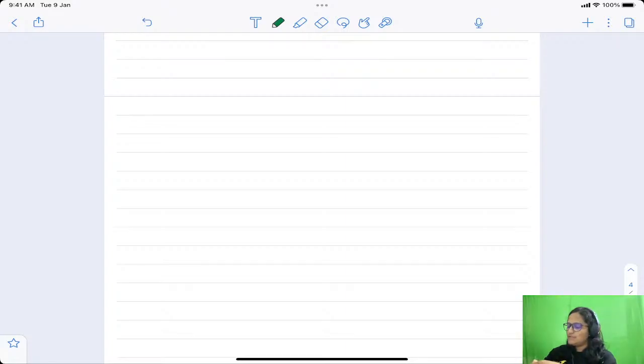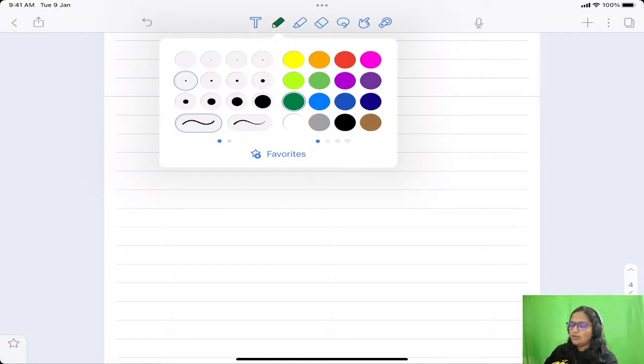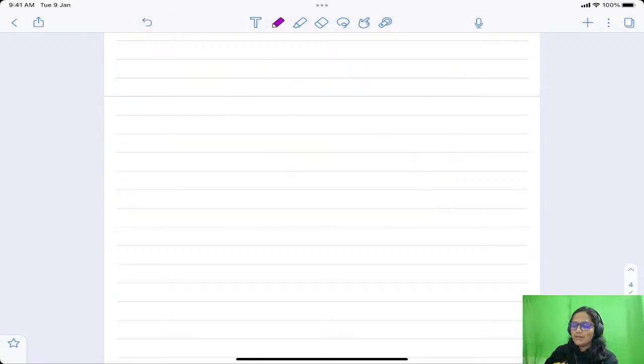Today we are going to discuss the next topic from chemistry, specifically from organic chemistry, and that is isomerism in amines. This topic belongs to the chapter on organic compounds containing nitrogen. Let me write down the titles first.